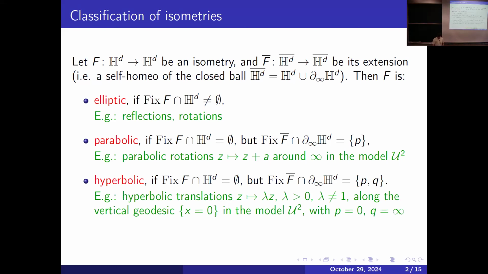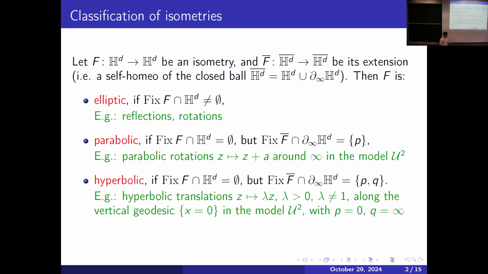And F is said to be hyperbolic if again the fixed point set of F is empty in the hyperbolic space, but we have precisely two fixed points on the boundary. Again, classical examples are hyperbolic translations. For example, Euclidean similarities in the upper half plane model, z maps to lambda z, where lambda is some positive real number.